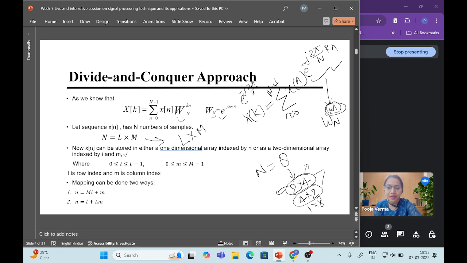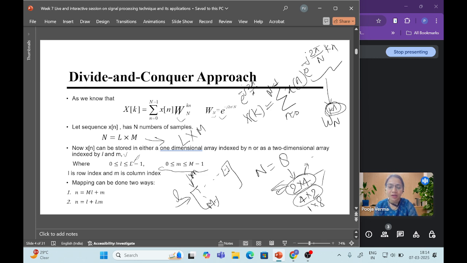Small l will vary from 0 to capital L minus 1, and small m will vary from 0 to capital M minus 1, where L is the row index and M is the column index, as in a matrix.